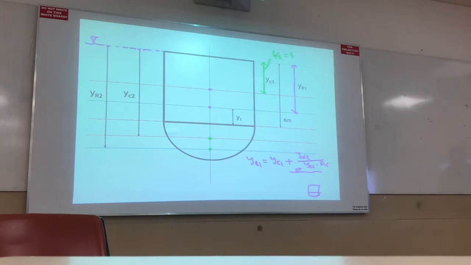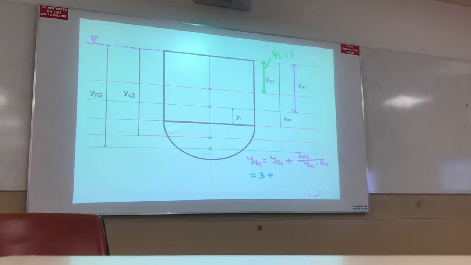Then YC1 is 3, plus IXC, which is 1/12 B A cubed, divided by YC1, which is 3, times area, 6 times 6. So I get 4 meter.